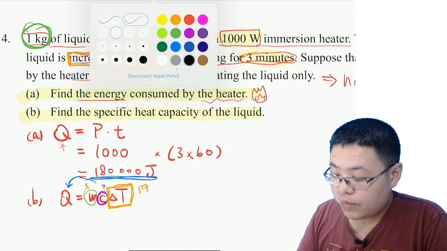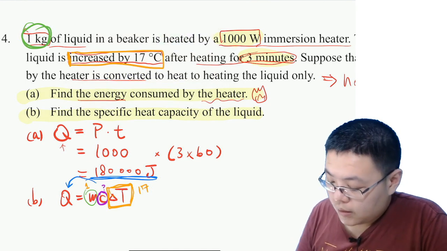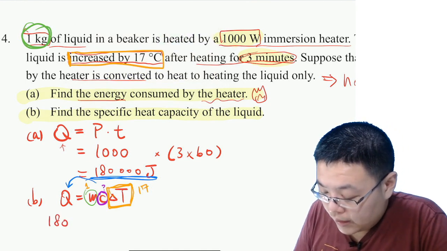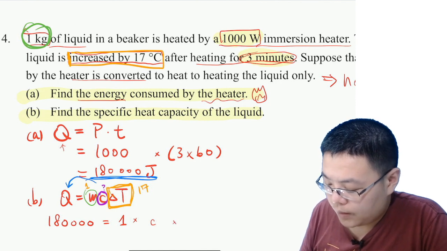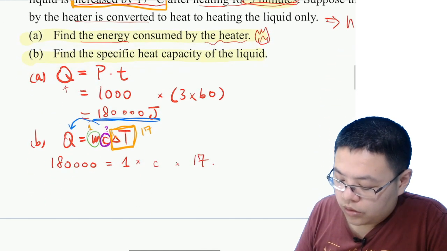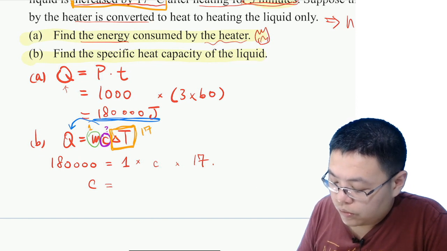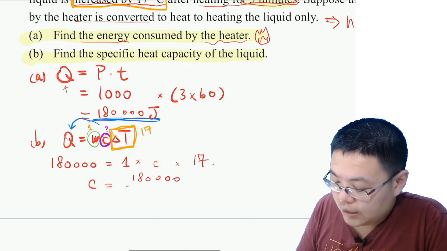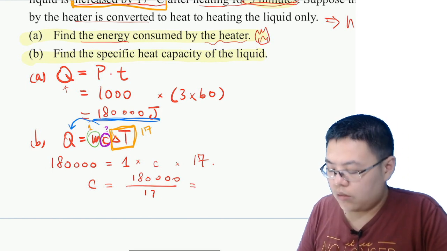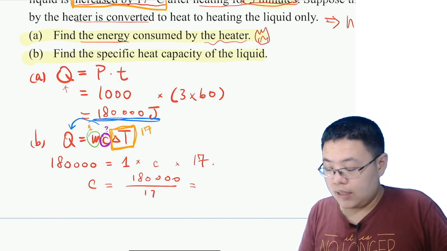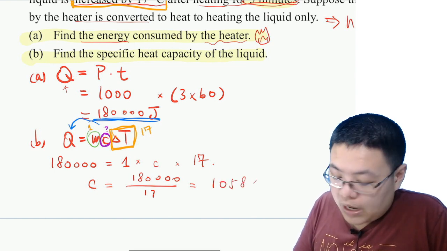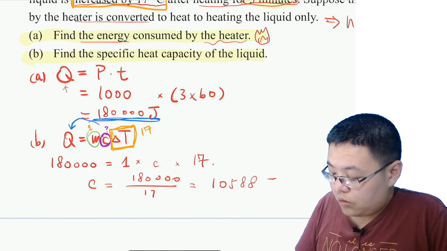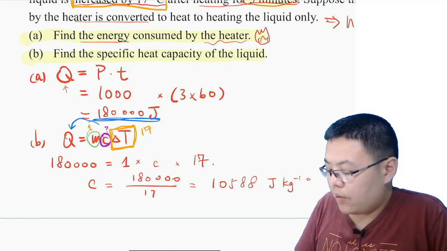Then let me get back my red pen. Substituting 180,000, it equals 1 kilogram times our variable times 17. So C equals 180,000 divided by 17, which is 10588 joule per kilogram per degree Celsius.